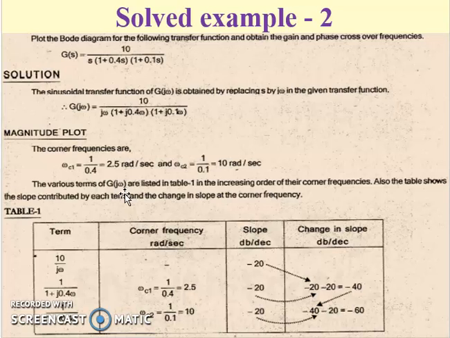So the change in slope becomes minus 20 plus minus 20, so it becomes minus 40. The last term is 1 by (1 + j0.1 omega) and the corner frequency is 10 radians per second. It again has a slope of minus 20. So the change in slope is minus 40 plus minus 20, giving a total change in slope of minus 60 decibel per decade.